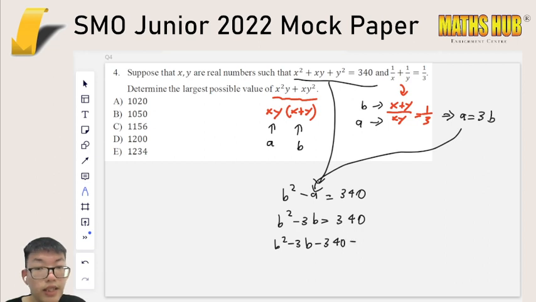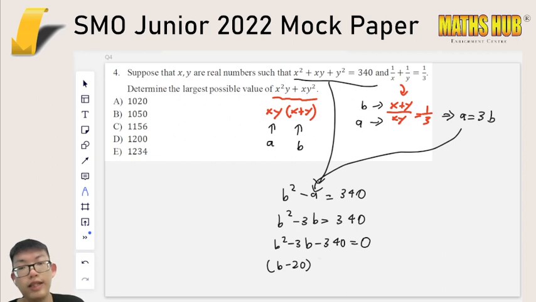Now, common sense tells you that if the answer is going to be nice, then b surely has to be an integer. In other words, this is factorizable. And it turns out that indeed it is factorizable, since for 340, the most obvious factors would be things like 10 and 20, and actually that turns out to be what works.